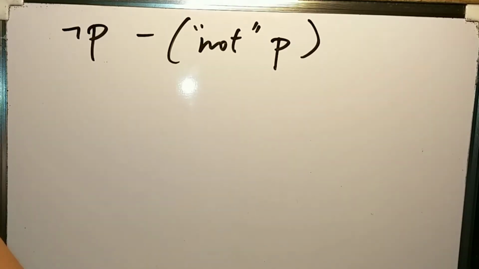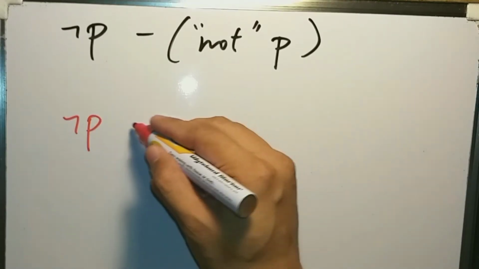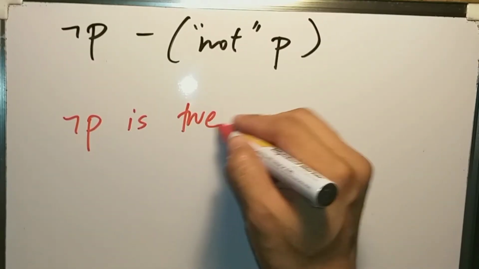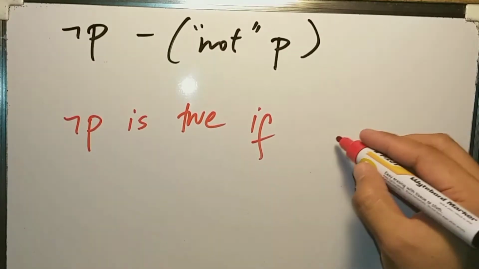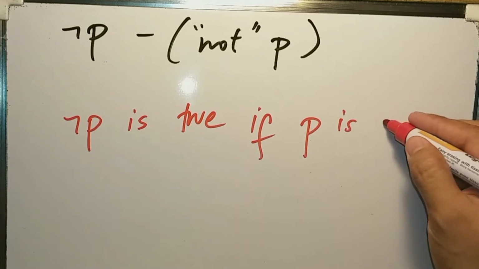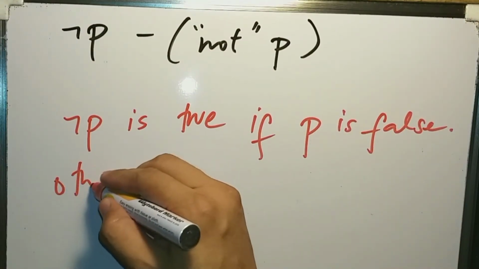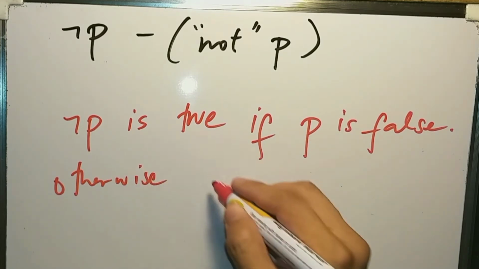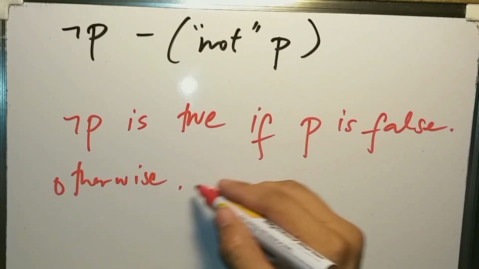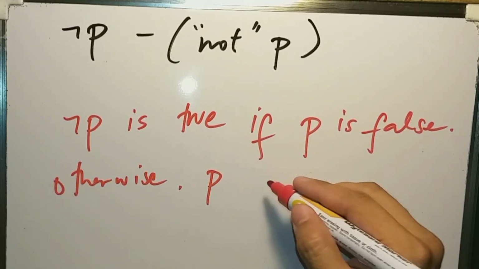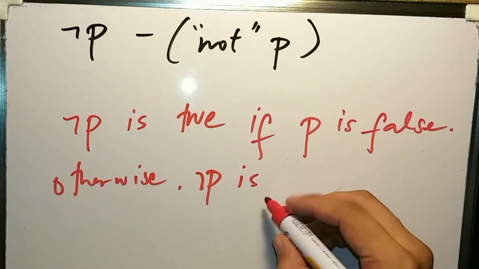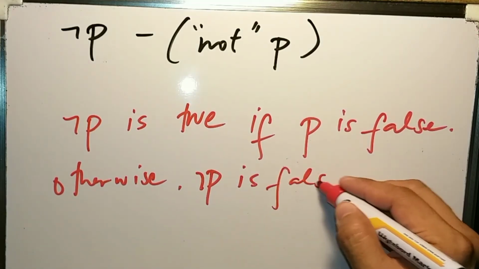So next comes the proposition not P. We say that not P is true if P is false. Otherwise, not P is false.